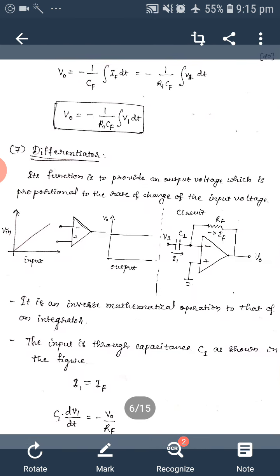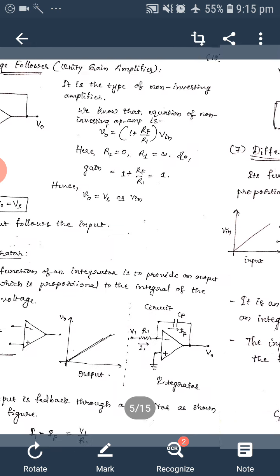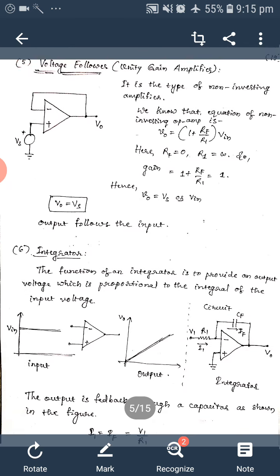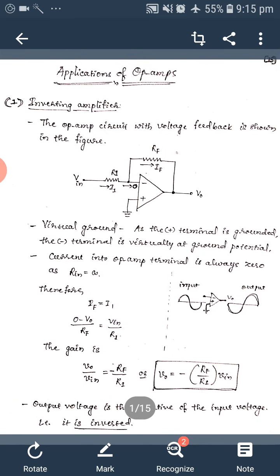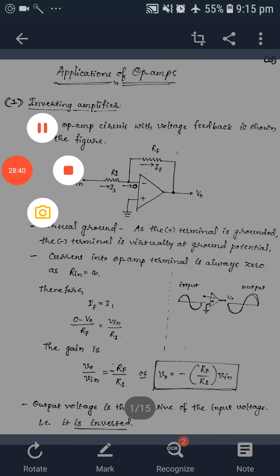Also we have seen different applications: summer, subtractor, integrator and differentiator. These are the different applications of op amps.